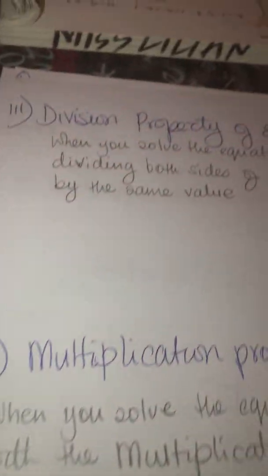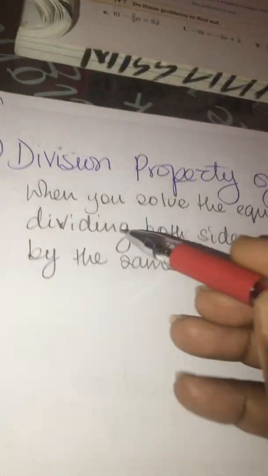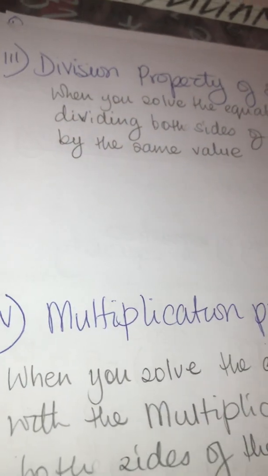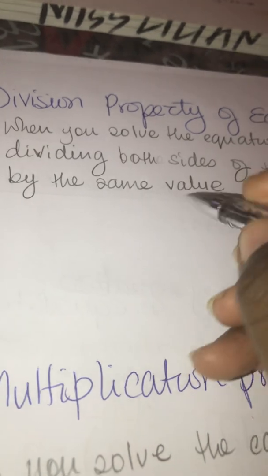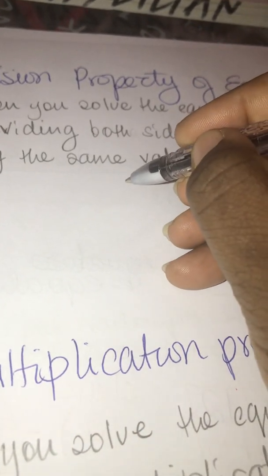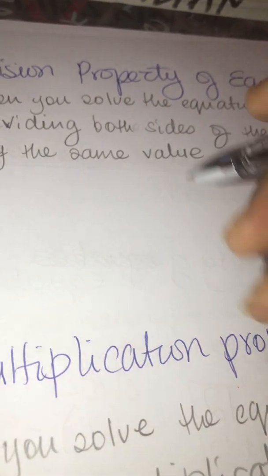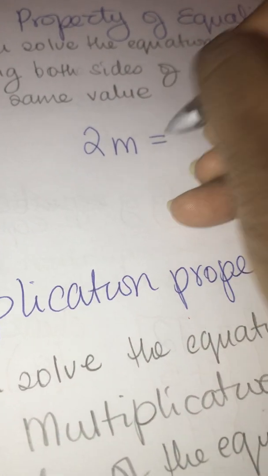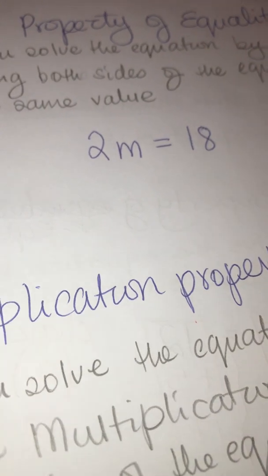Now, in lesson 1, we did these two properties. We did the division property and the multiplication property of equality. So, now, how will I know? So your question will just be, let us say 2m is equal to 18.